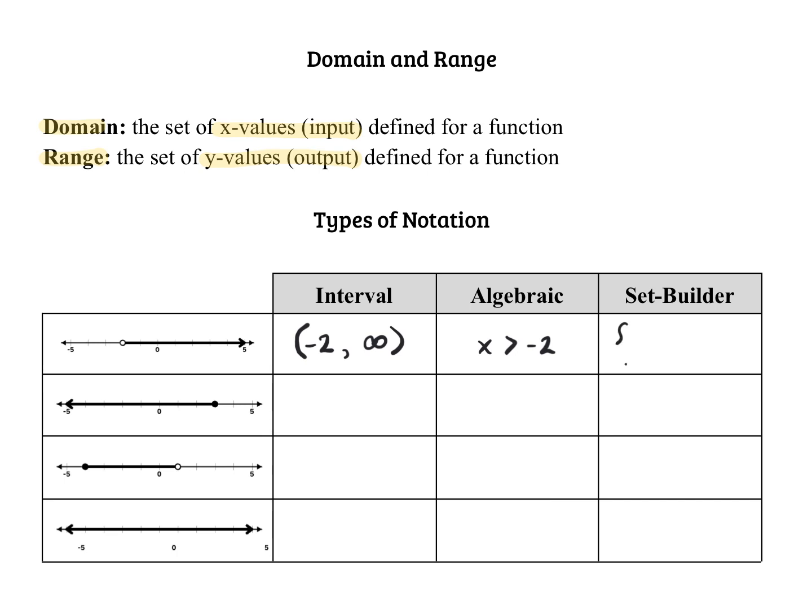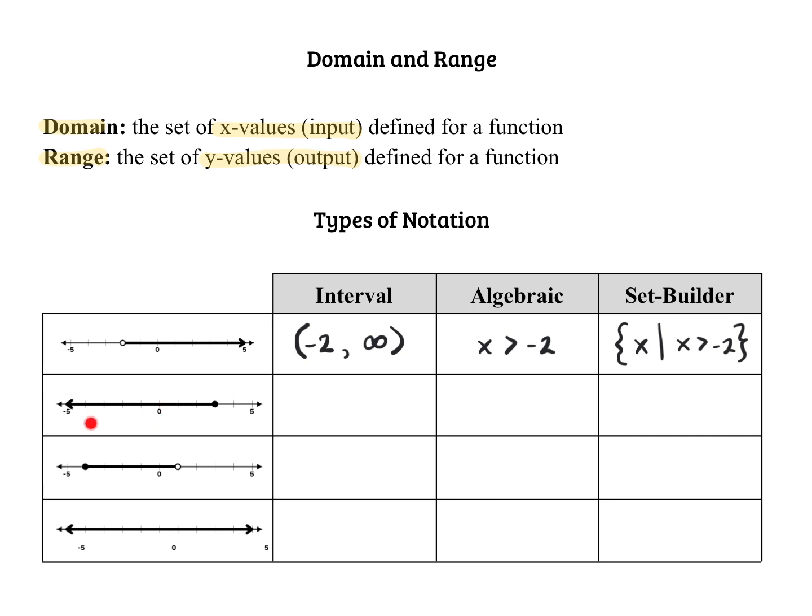So here we're going to start with our curved bracket or a brace, and then we say what variable we're working with, so x, and then we do this vertical line. It's read x such that, and then we essentially just do our algebraic notation. x is greater than -2. So very similar to algebraic with our braces and defining the variable we're using in front.